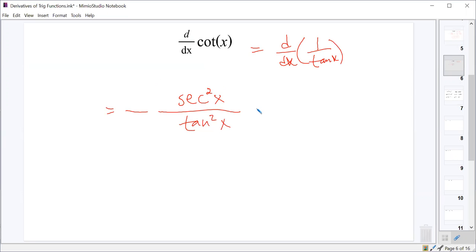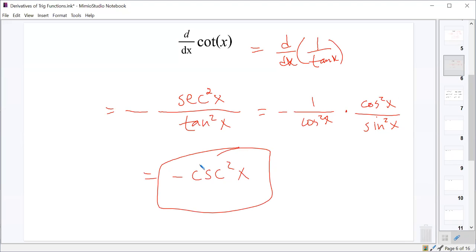Over tangent squared. So this becomes negative, let's see, 1 over cosine squared. And tangent squared in the denominator is the same as having cotangent squared in the numerator, which would be cosine squared over sine squared. Cancel the cosine squareds and you get negative 1 over sine squared, or negative cosecant squared. Good or no?